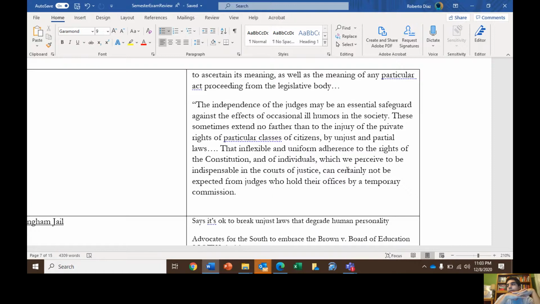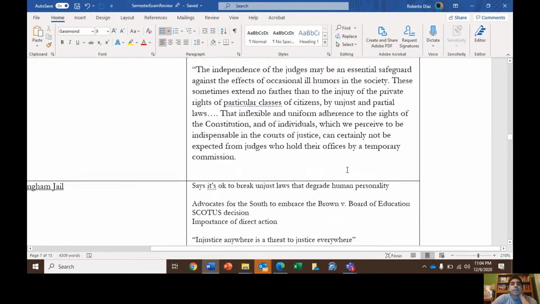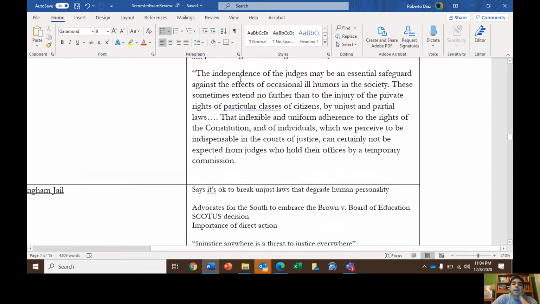And so, for all intents and purposes, the courts, especially the Supreme Court, sort of have the last say on pressing legal issues.